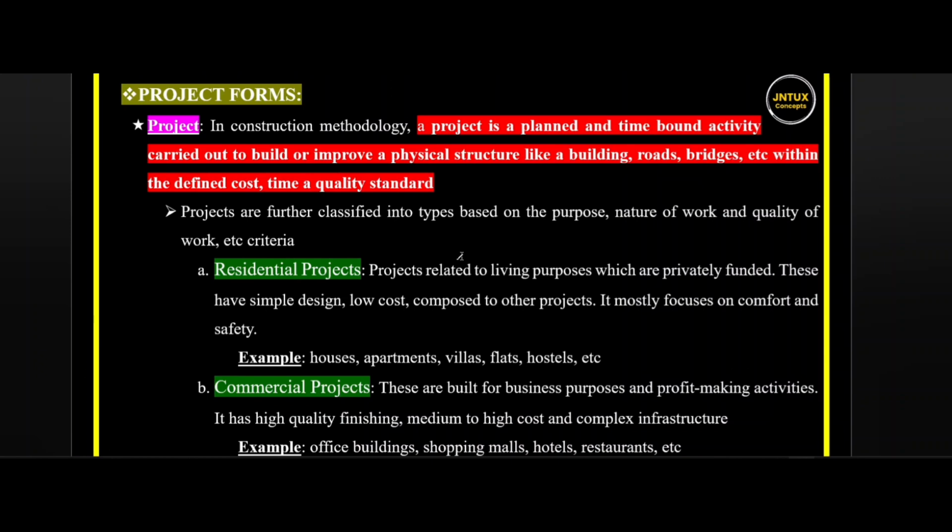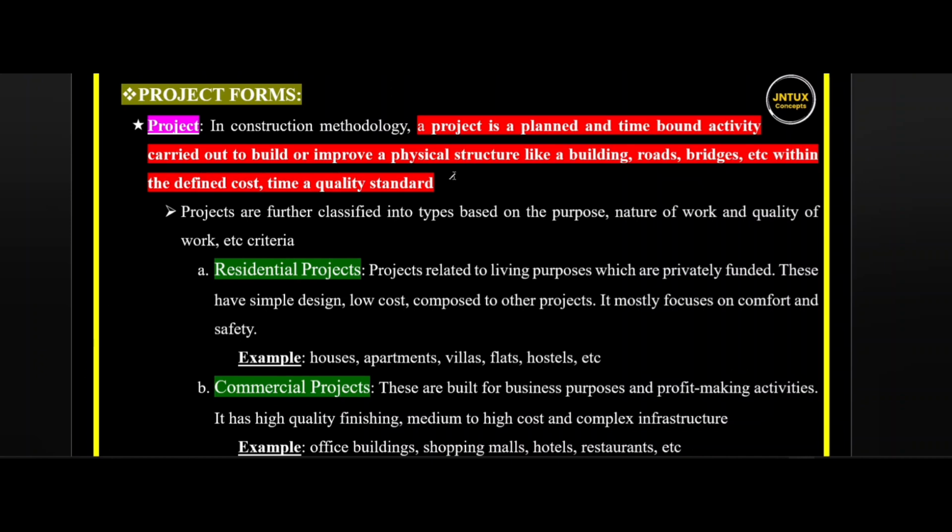We have also discussed what are the types of projects, and then we have discussed what is meant by project form, what are the criteria, and what are the types of project forms. There are mainly 5 types of project forms: design bid build, design and build, turnkey, EPC, and then triple P project form. So that is the project forms topic in construction technology and management of 3-1 semester in R23 regulation.